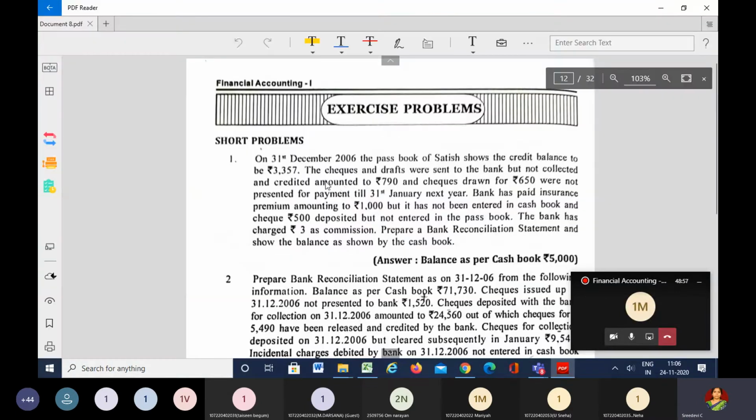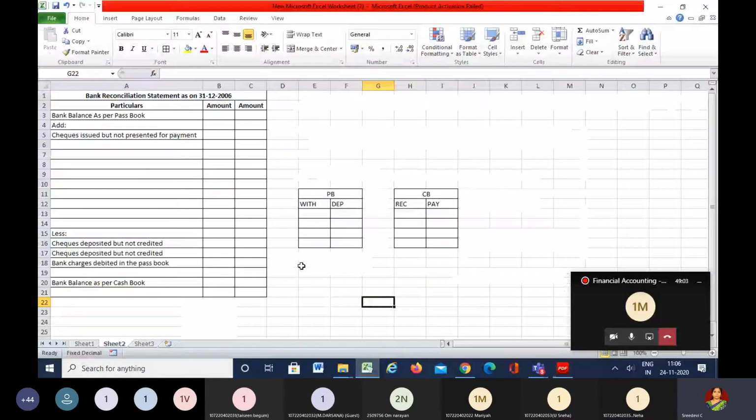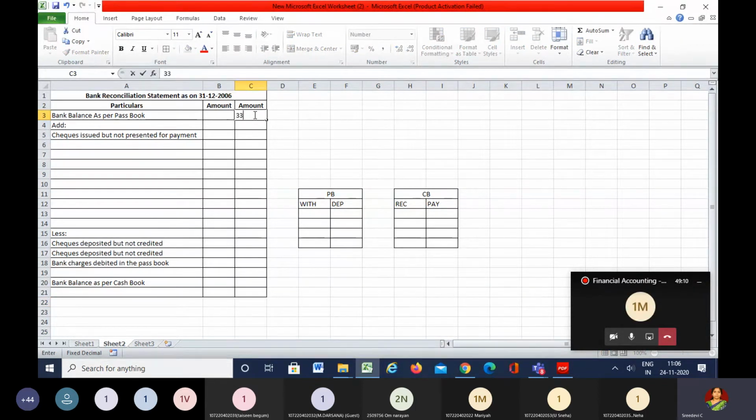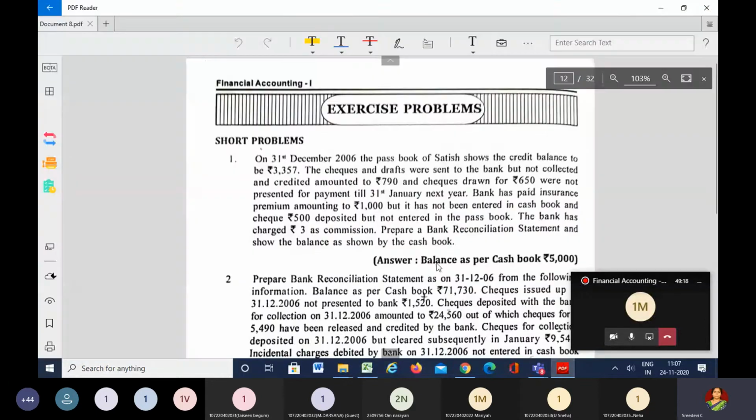Now, what is the balance here? 3,357 is the balance, right? It is a credit balance. When they say it is a credit balance, credit means what here? It is a deposit, an increase. So the deposit is 3,357. This is the bank balance as per the passbook, credit balance. Credit means it is always a favorable balance.